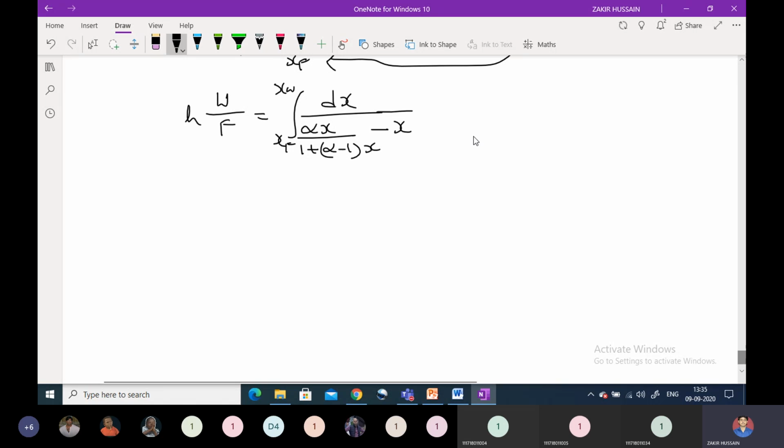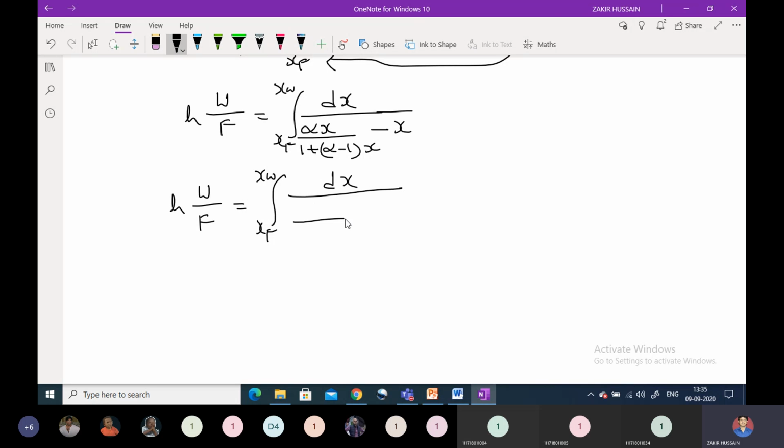Now ln w by f is equal to the integral from xf to xw of dx, and in the denominator we take 1 plus alpha minus 1 into x as common.